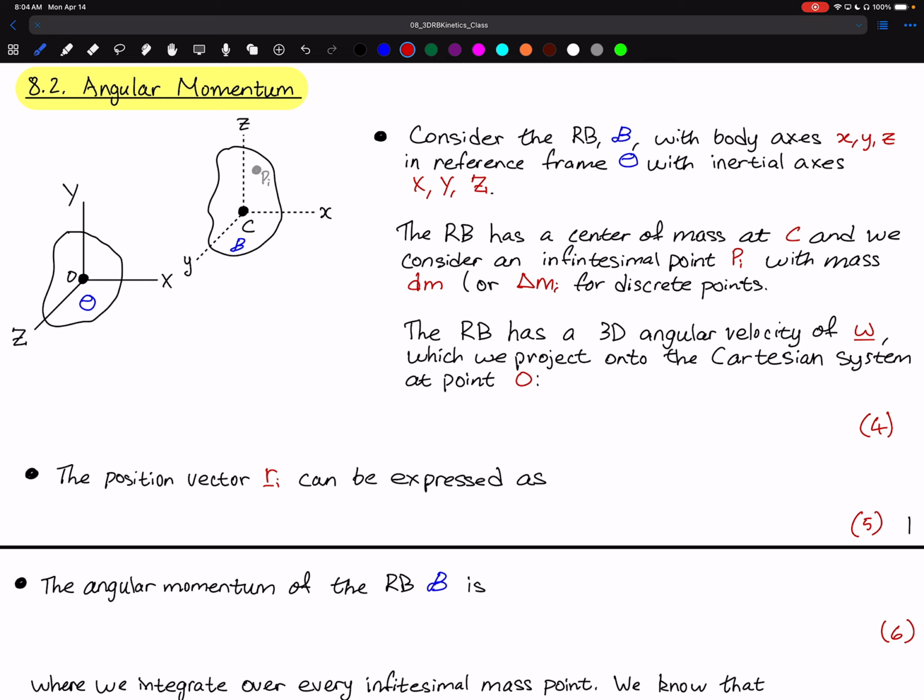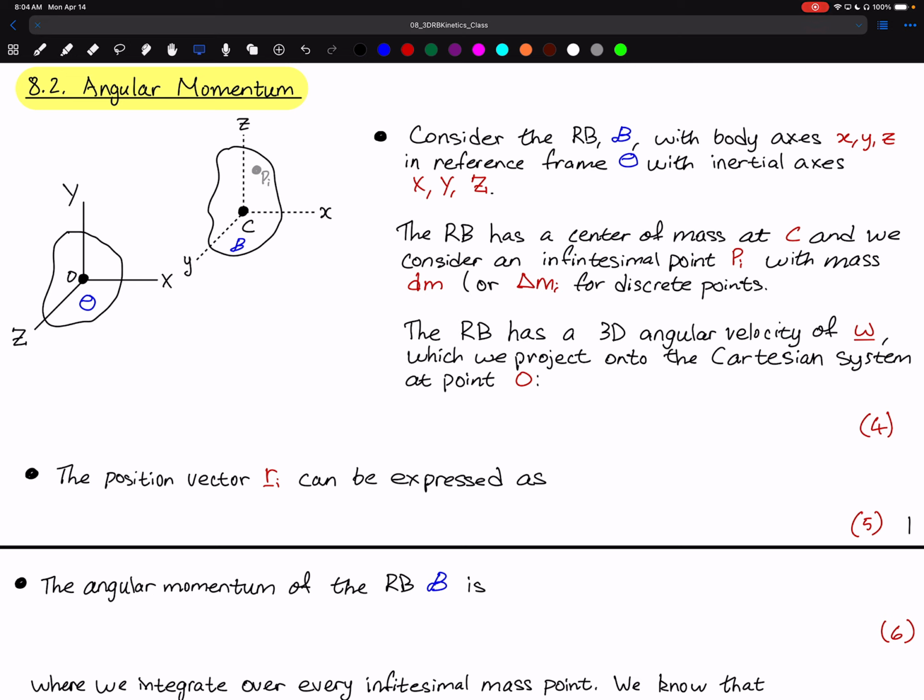All right, so we're going to consider a rigid body, which we'll label as B. A rigid body is over here. It has a set of body axes, x, y, and z, and it lives in a reference frame O. Reference frame is shown down here, with inertial axes, capital X, capital Y, capital Z. As drawn, these 2 axes are kind of in the same direction, but this doesn't have to be true because the rigid body B can rotate and move.